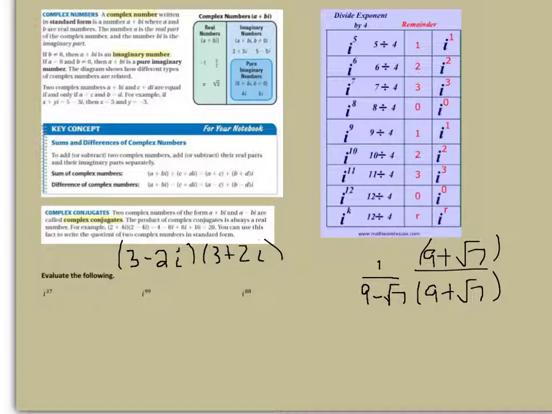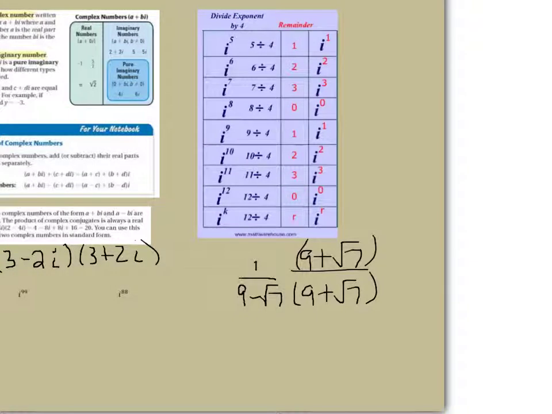Now, let's look over here. Notice how this starts at i to the 5th. So what we need to think about here: we know that i to the 1st equals i, and we know that i squared equals negative 1.